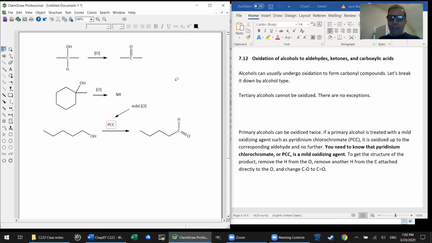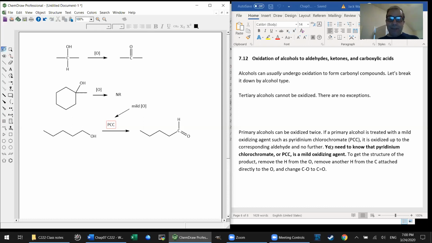You'll notice I'm not using curved arrows here. So are we going to have to know the mechanism, Dr. Wass? Well, no, it's not in your book. We're not going over it. And frankly, I don't think we even could draw this mechanism even if we really wanted to. I don't think this is something that can be drawn with curved arrows like that. So you're not responsible for the mechanism of this reaction.